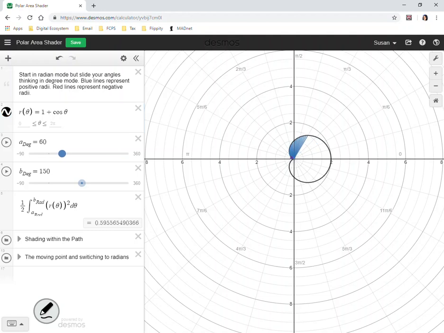Pi over 3 to 5 pi over 3. I'm finding the wrong half of it. We go negative 5... Yeah, so we're going to go from negative pi over 3 to pi over 3. Okay? That will get us the part that we want.